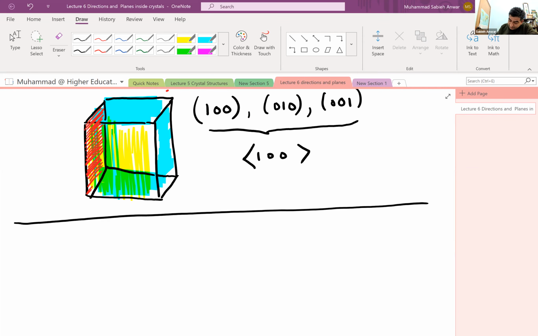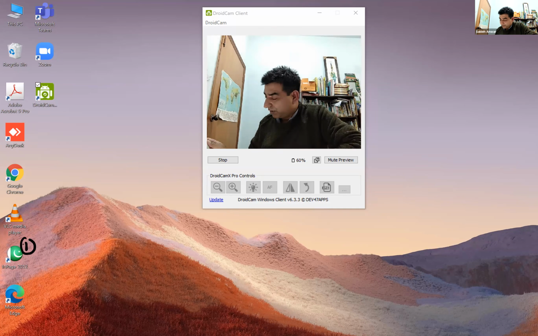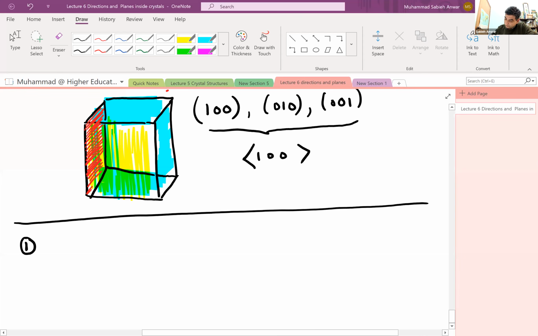and one of them is, I think I'll have to let go with this because my OneNote is just misbehaving. Let me try to shut down a few things.